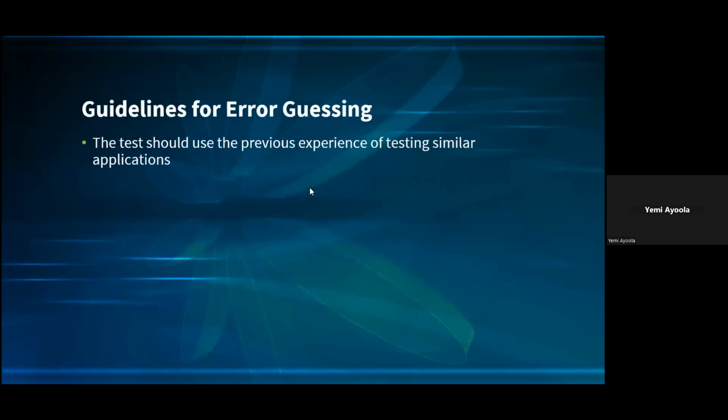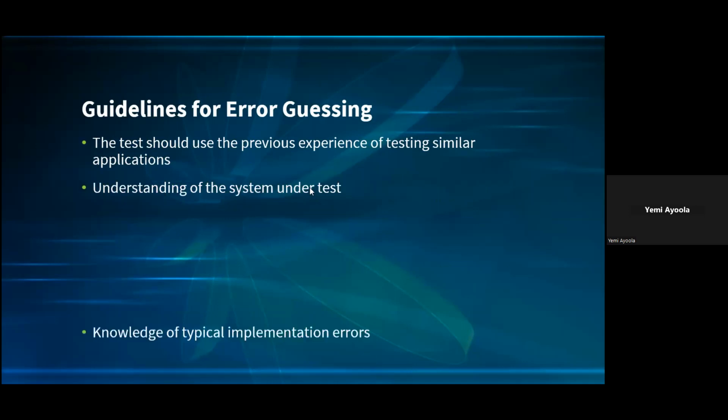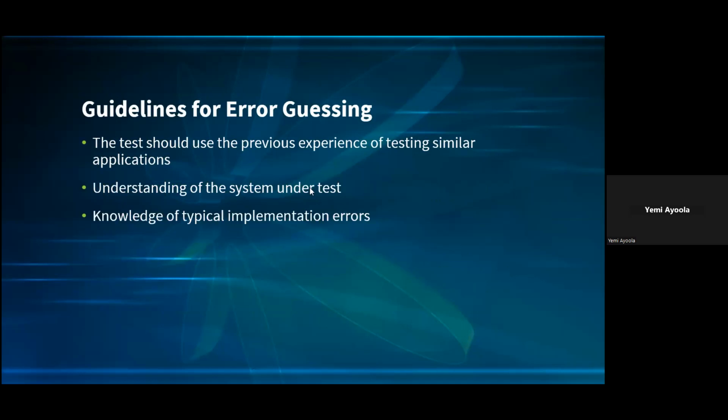So, guidelines for error guessing: the tester should use previous experience of testing similar applications, and understand the system under test. What do I mean by system under test? The project you're working on. The system you're testing is still under test, it is not live. Knowledge of typical implementation errors.